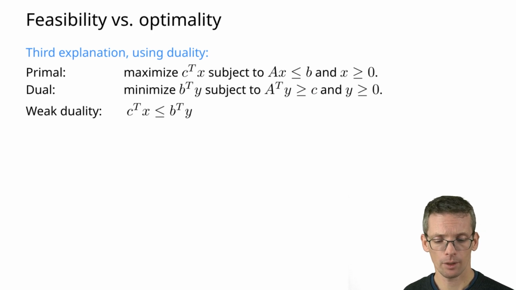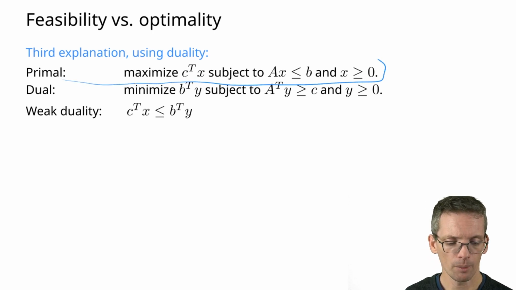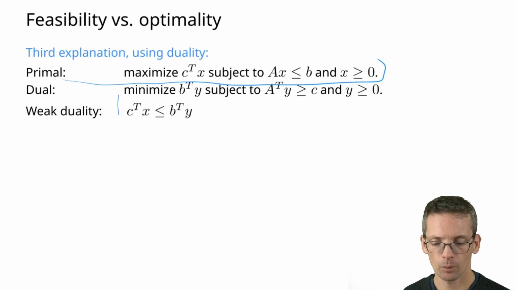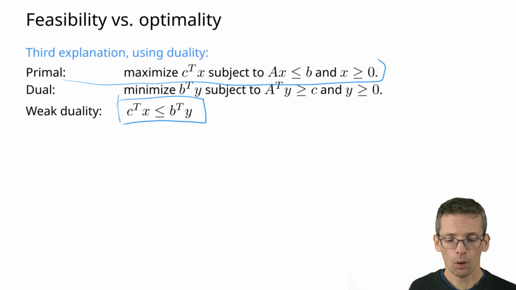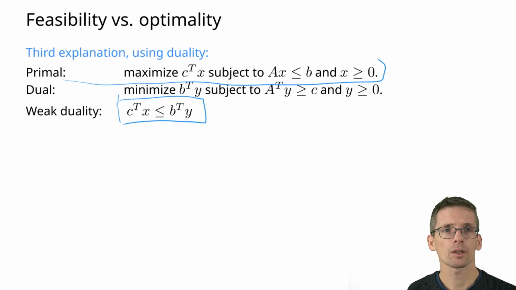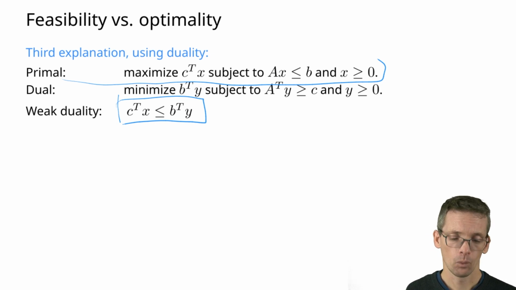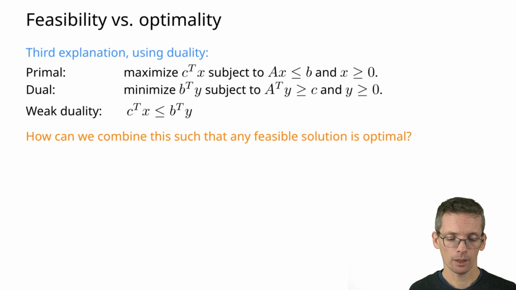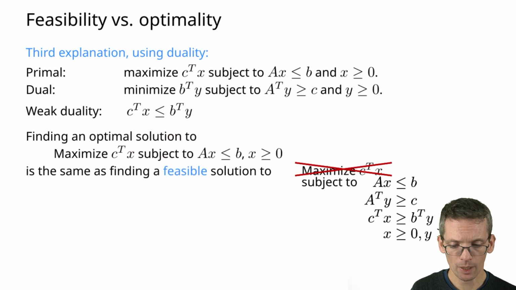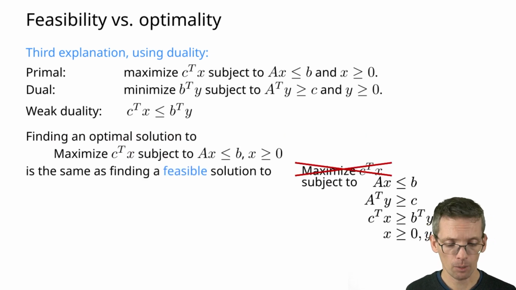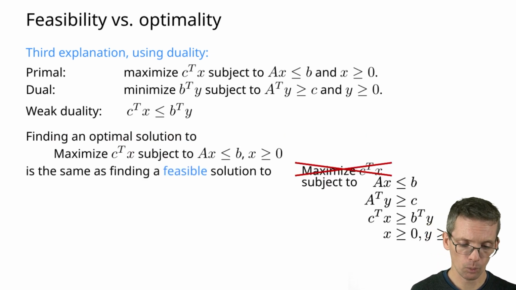So here we have our primal LP, the dual LP, and the weak duality bound. Now we can combine all of this into one LP, which will result in a linear program such that any feasible solution is optimal. So let's start with an initial primal LP, but as variables I don't just have the x but also the y.